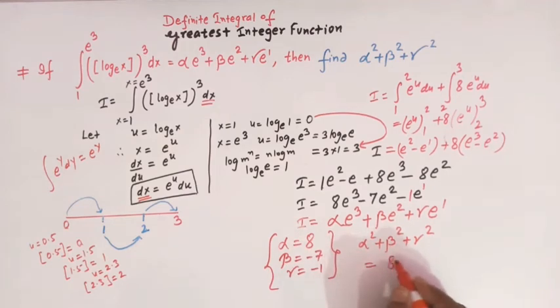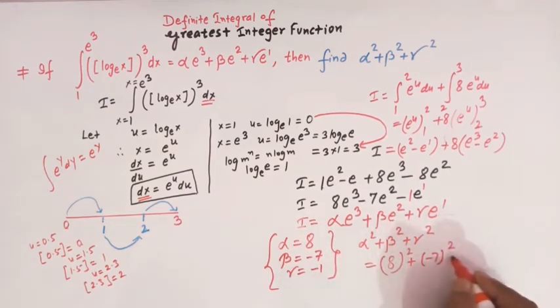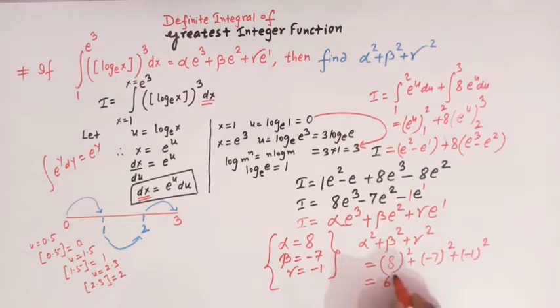So this is 8 square, then we have minus 7 square, then we have minus 1 square, so this is 64, this is 49, and minus 1 square is 1, so this is 64 plus 50, and this is 1, that is 114.